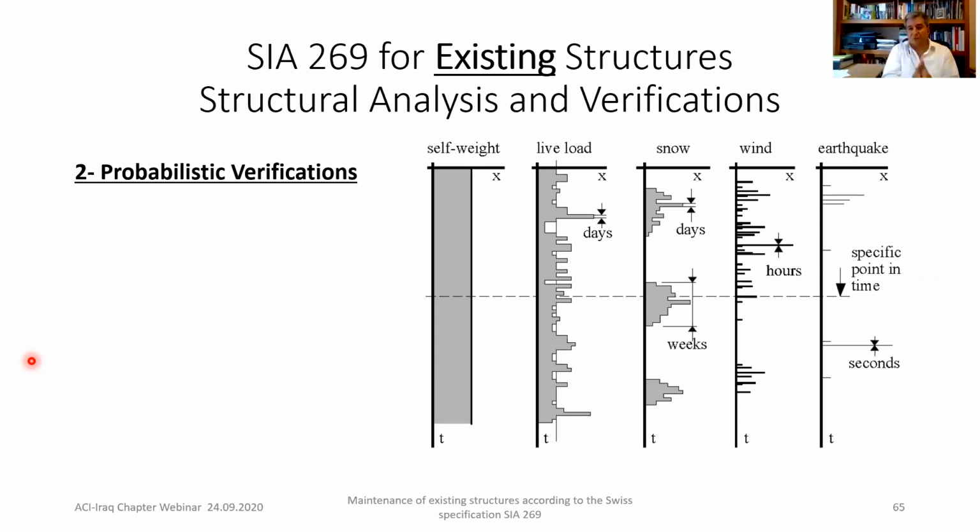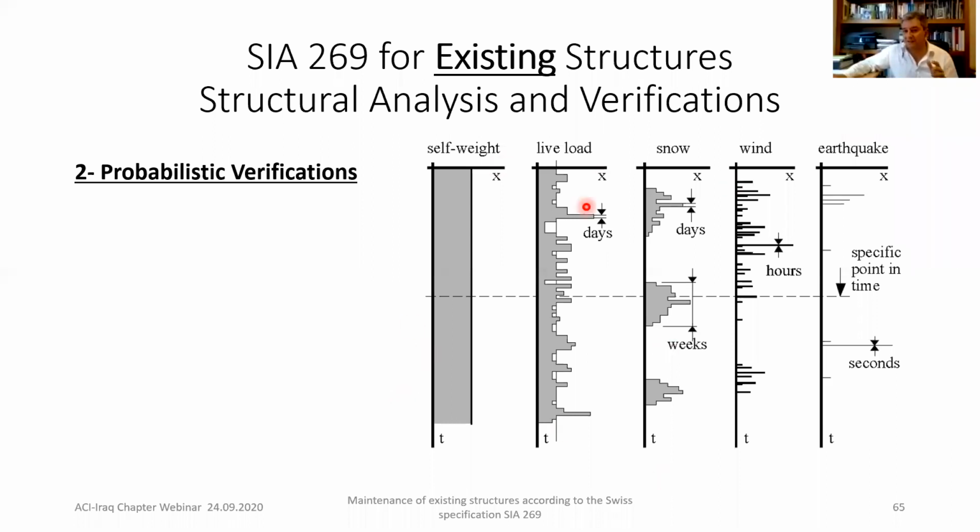Because 2 kilonewtons per square meter is actually the value that, for the structure of your living room, has a chance of 1 in 10 to the power of -5 every year of being exceeded. So it's a statistical value. It's a statistical concept.